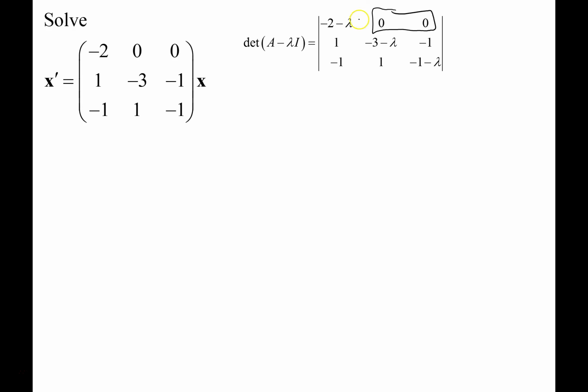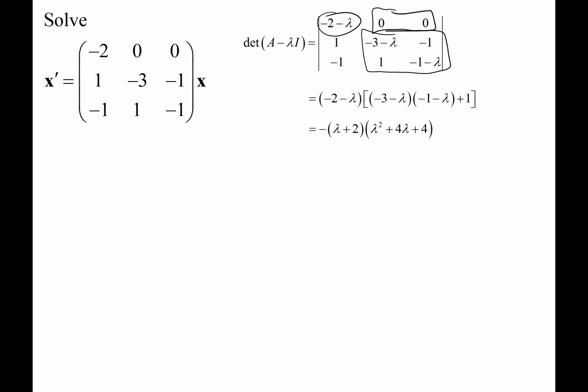And so we'll expand about row 1, giving us just the 1,1 entry times the determinant of that submatrix there, which will give us 3 minus lambda and 1 minus lambda plus a 1. Multiplying that out, we'll have lambda squared plus 3 lambda plus 3, and then plus 1 lambda.